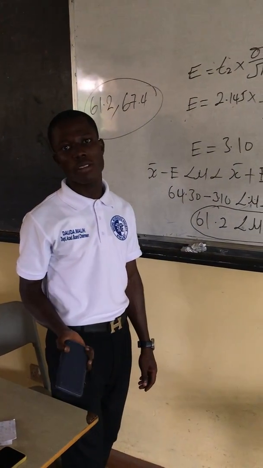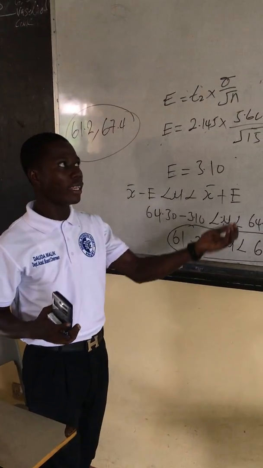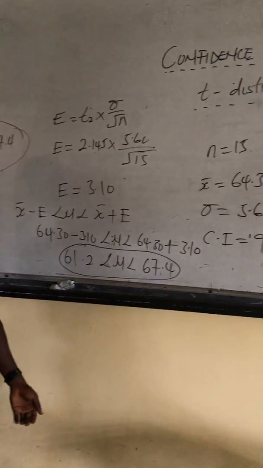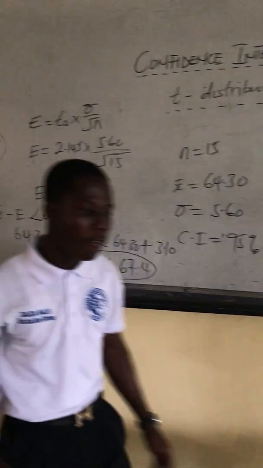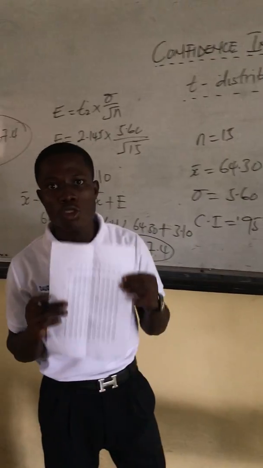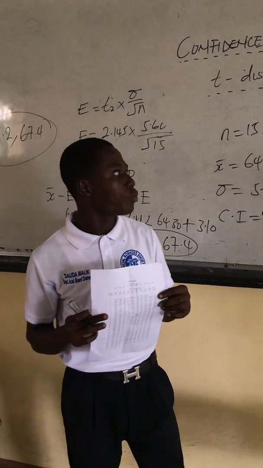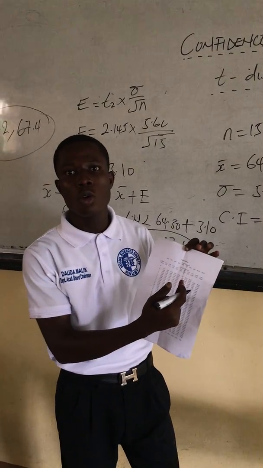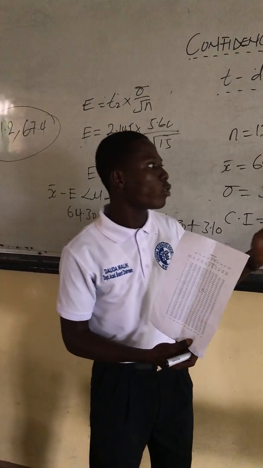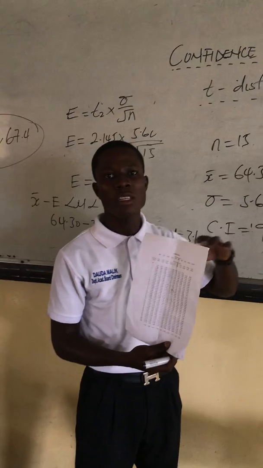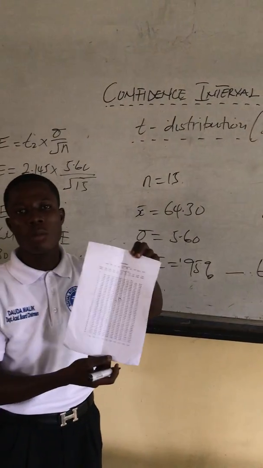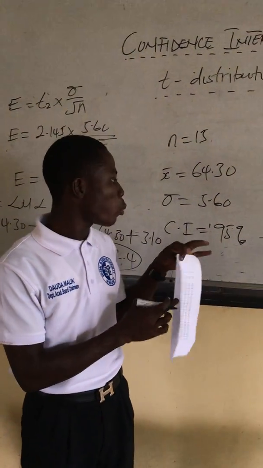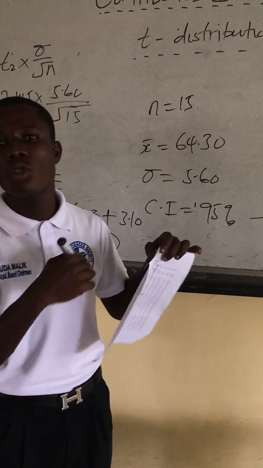So it's not difficult. This is how we find the T distribution. With the T distribution, you always have your T distribution table where we have the degrees of freedom and the confidence level. By subtracting 1 from your sample size, you get your degrees of freedom, then go to the table with the corresponding confidence interval that has been given to you in the question.